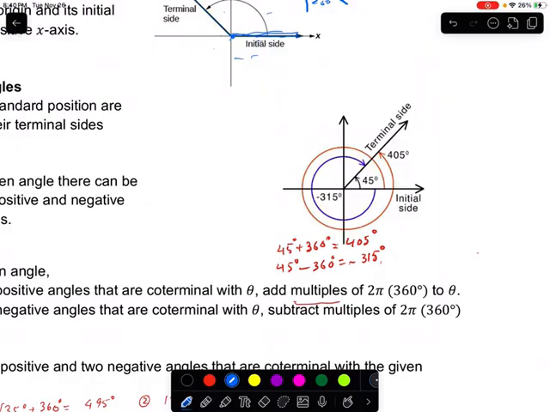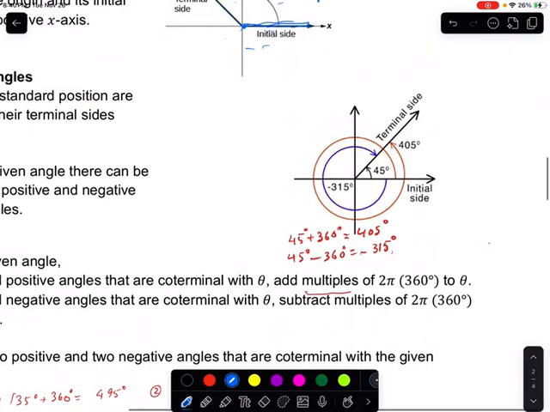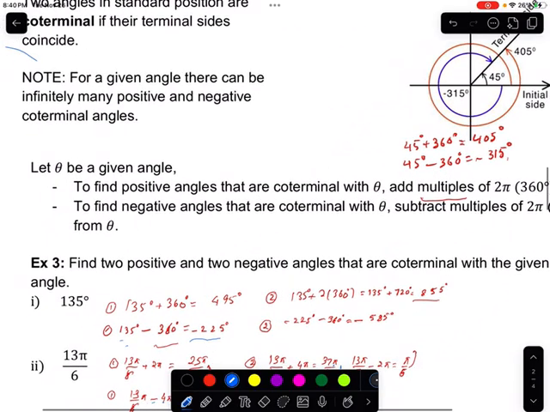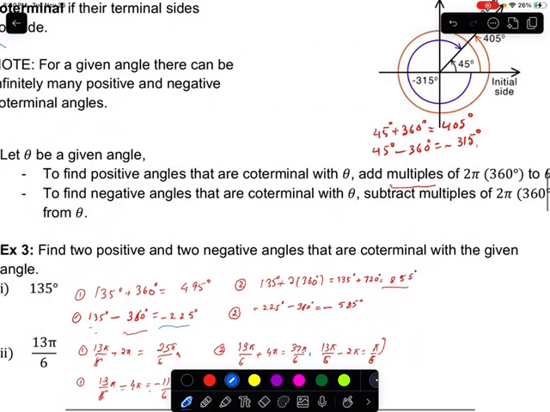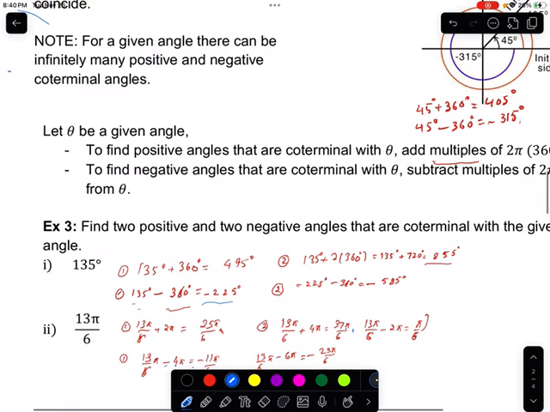Okay, the next thing we are looking at is example 3, where it says find two positive and two negative angles that are coterminal with the given angle. The first one is 135 degrees. I will start adding 360 because this is in degrees.